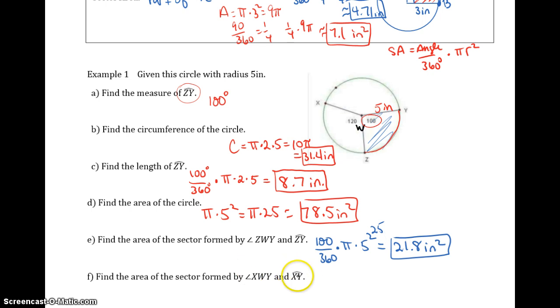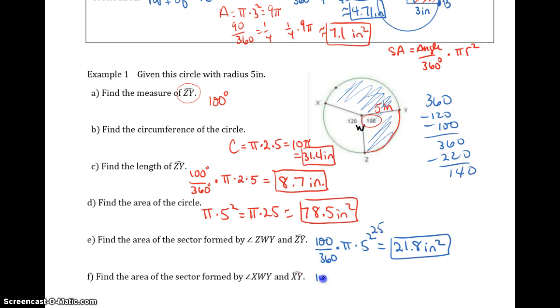Now for the next sector area, we want the area formed by the angle XWY, here's XWY, and the arc XY. So that'll be this sector this time. So to figure out that angle, we need to take 360 and subtract 120 and 100. So 360 minus 220 would be 140.